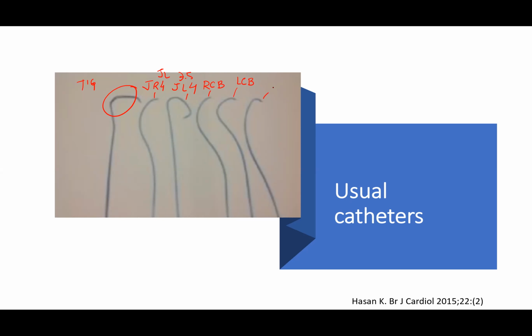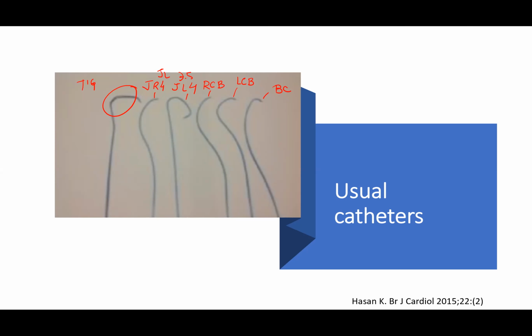And then this is called the BC catheter. So these are usually the catheters used for accessing the coronary bypass, especially the SVGs.